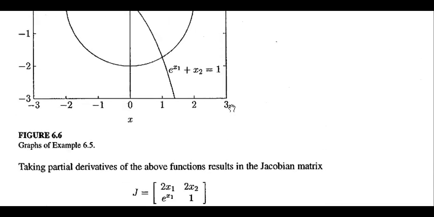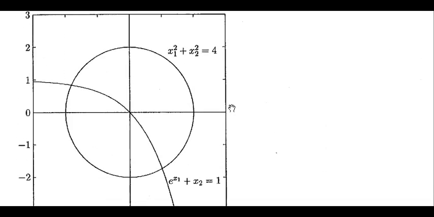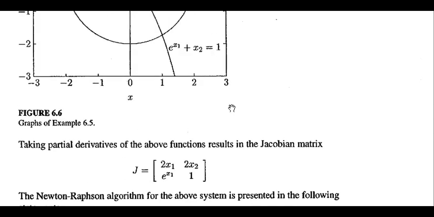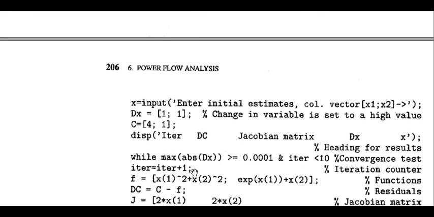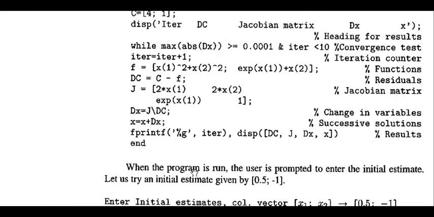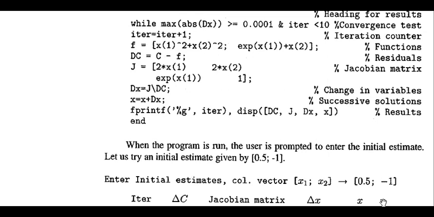The initial value for that case, for x1 it is 0.5 and for x2 it is minus 1. This will be the given initial value for this case. Okay, 0.5 as x1 and minus 1 as x2.